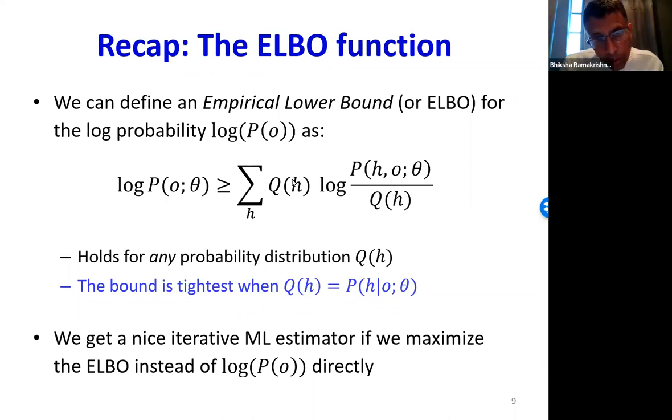And this would hold for any probability distribution Q of H. Regardless of what Q of H you chose, if this is a valid probability distribution, then this term to the right is going to be a lower bound on the log probability of O. And this bound is tightest when Q of H is exactly equal to P of H given O. And so once we write out this lower bound, we get a nice iterative estimator where we can try to maximize this lower bound rather than P of O itself.